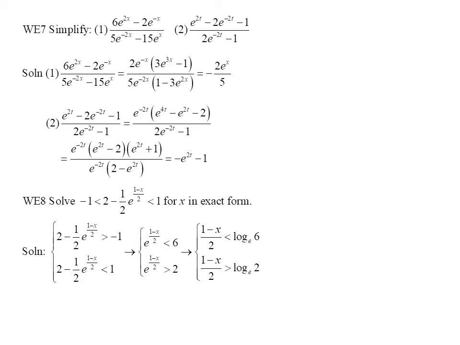Then the obtained x value ranges from both inequalities are intersected so that it satisfies both inequalities. Hence, we find that the x value range is between 1 minus 2 times natural logarithm of 6 and 1 minus 2 times natural logarithm of 2, not including both endpoints.